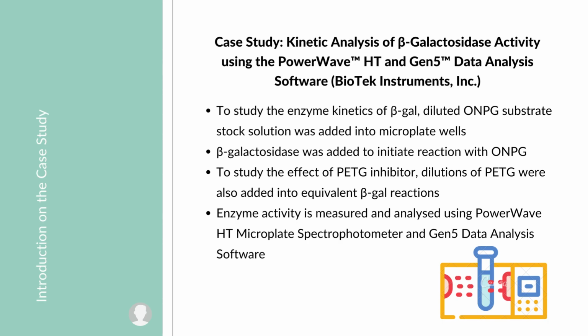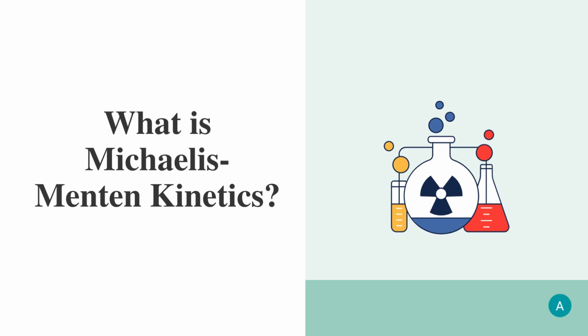Beta-galactosidase activity is measured and analyzed through an absorbance-based assay using PowerWave HT microplate spectrophotometer and Gen5 data analysis software. In this case study, Michaelis-Menten kinetics was utilized to study the kinetic analysis of beta-galactosidase activity.